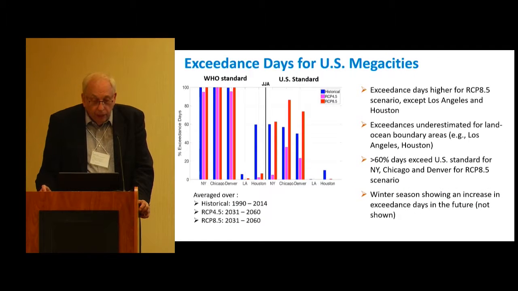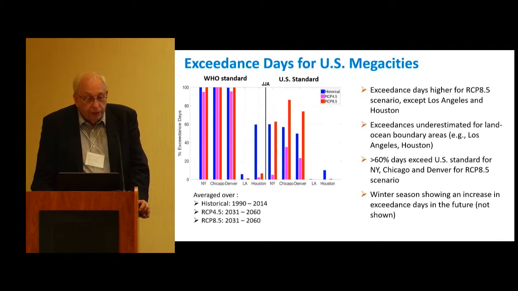And in fact, if we look at some cities, we see that with the WHO standard, almost every day of the year exceeds the standard because the background levels of ozone have gotten so high.